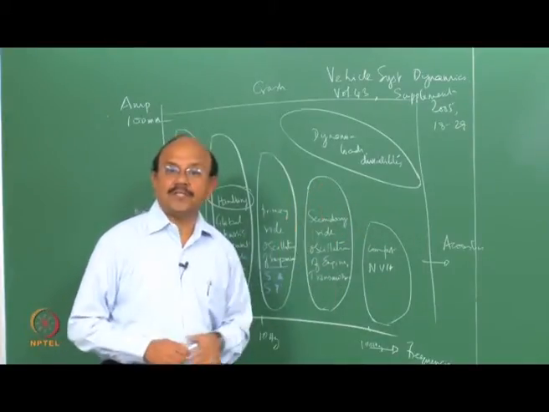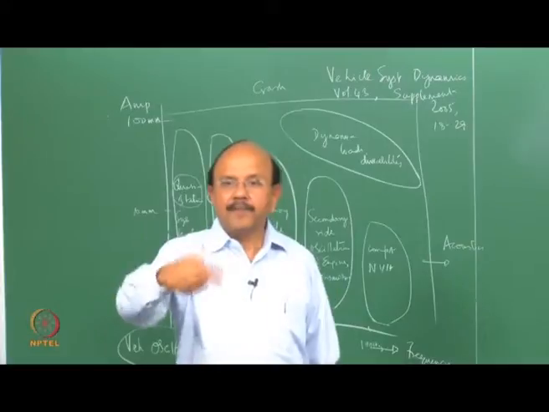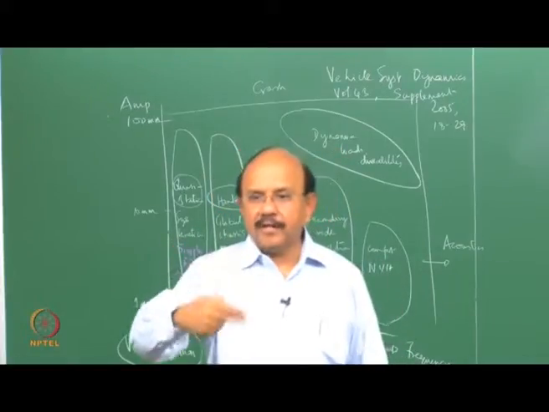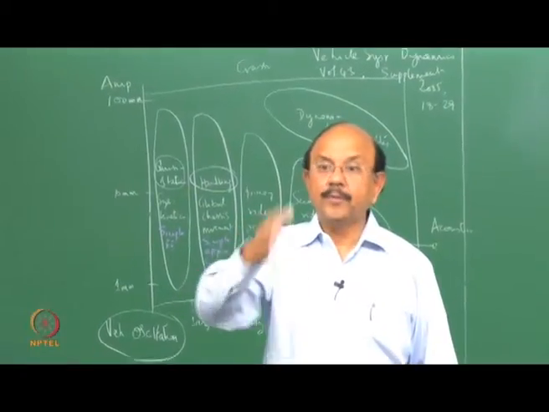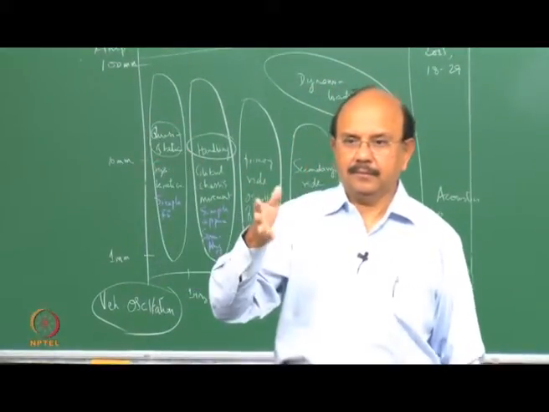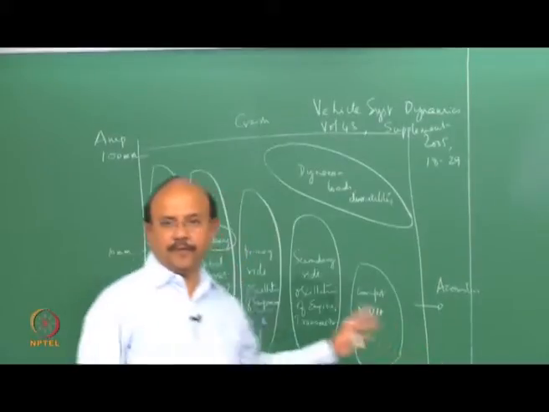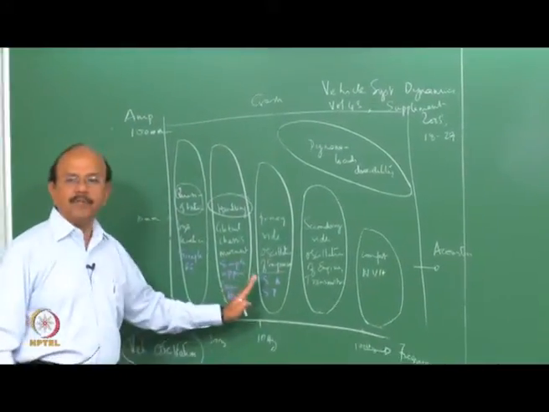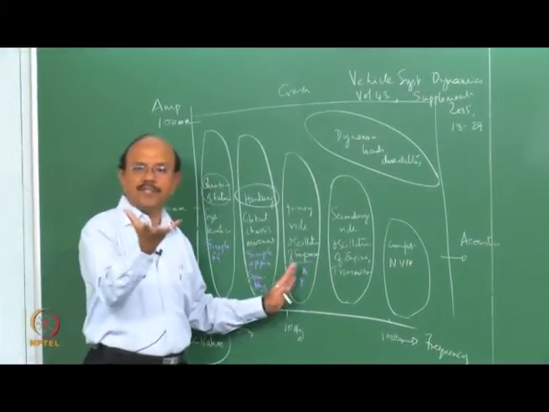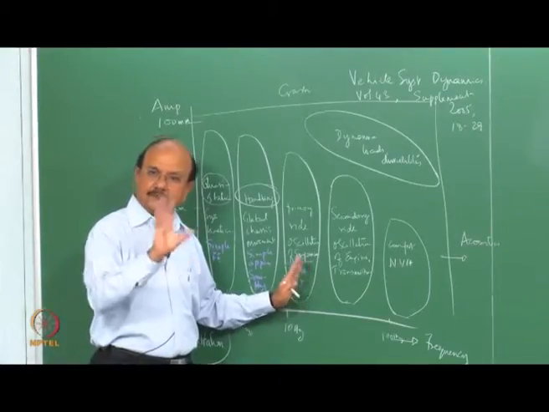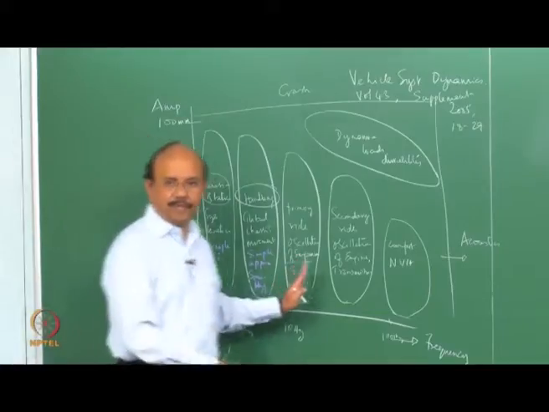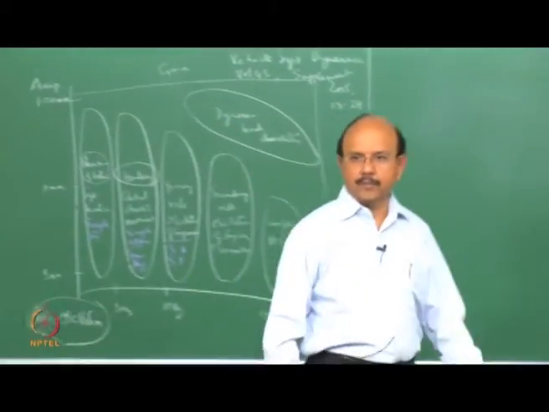So the source of these vibrations and the way they are transmitted would be different at different frequencies. For example, here I am looking at the body as a whole, controlled by the suspension characteristics. Wait for some time, you will understand more about this as we go along.